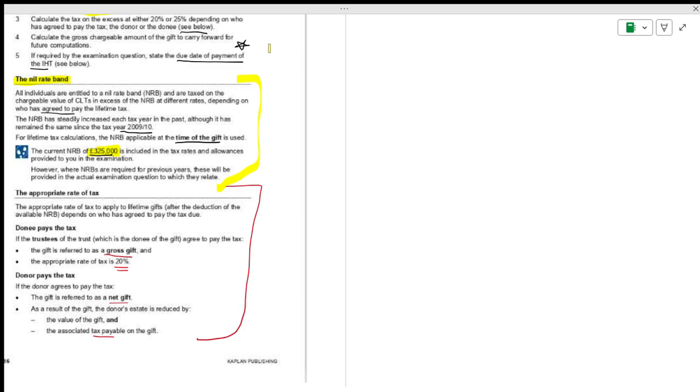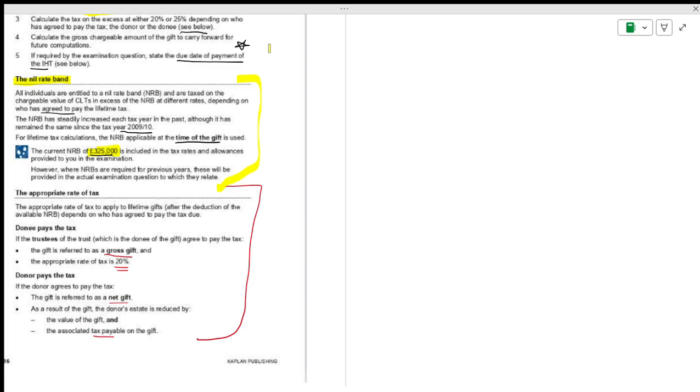All individuals are entitled to nil rate band, and their taxable chargeable value of CLT in excess of nil rate band is taxed at a different rate, depending on who has agreed to pay the tax. The nil rate band has steadily increased each tax year in the past, although it has remained the same since the tax year 2009 and 2010.